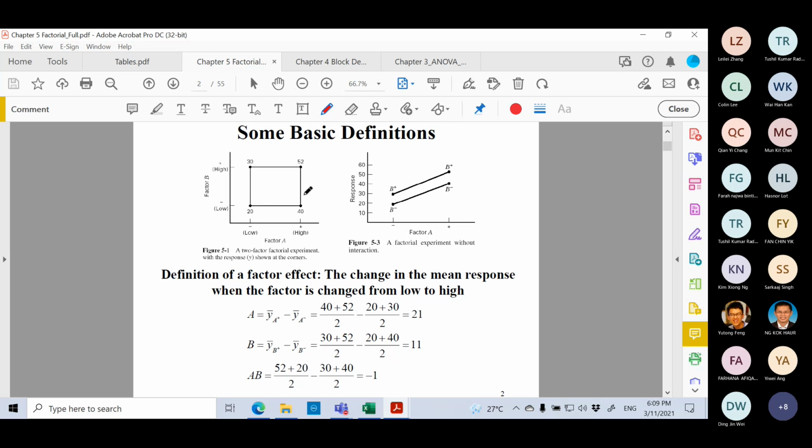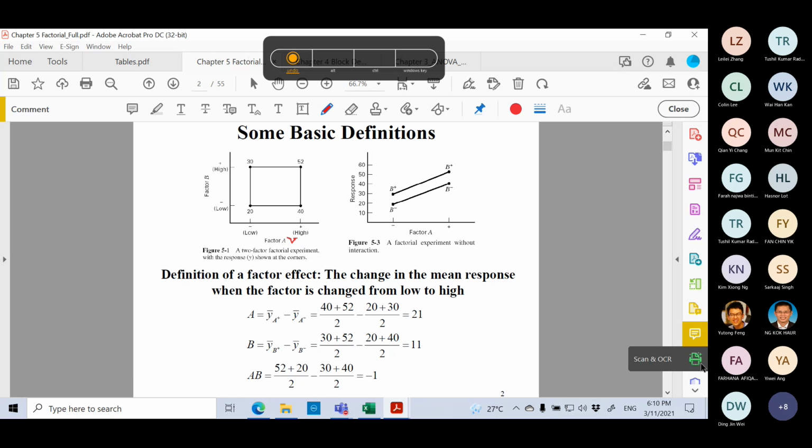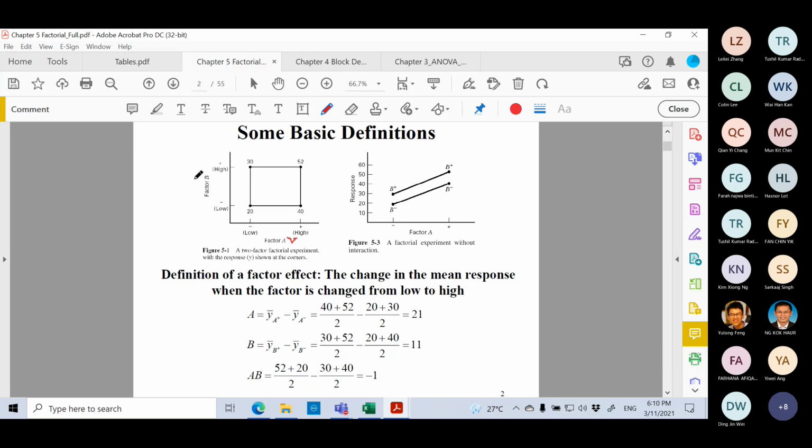In this diagram, we have a factor A and a factor B. We have two factors here, and each factor consists of 2 levels: a lower level and a high level.